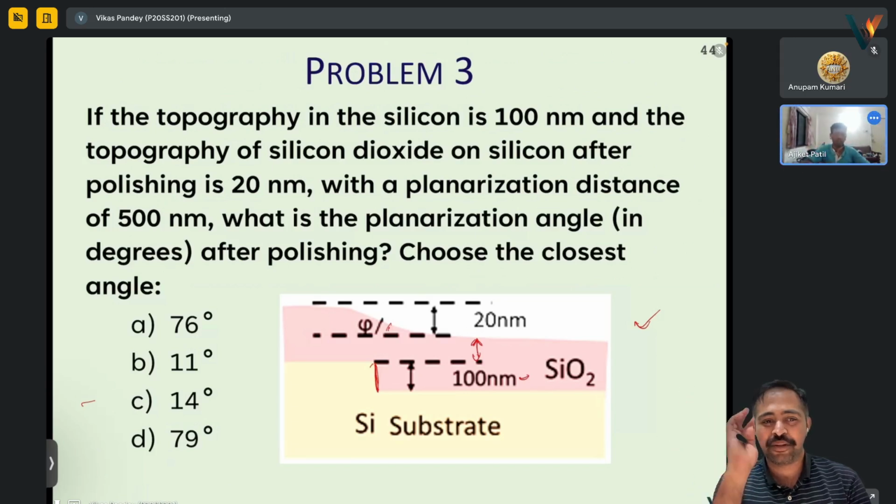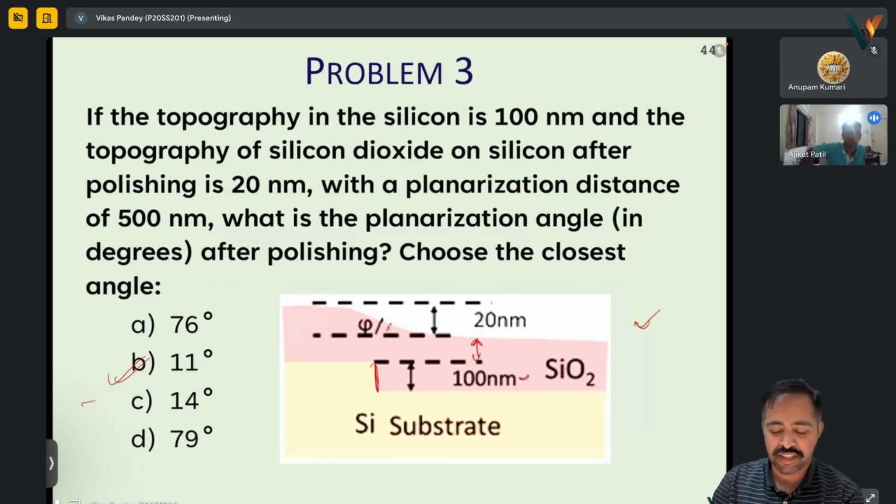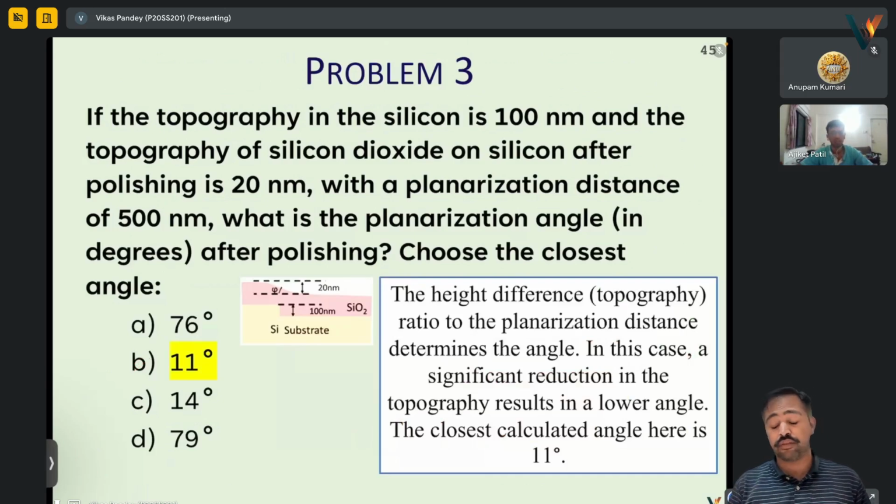The lowest value we can get is 11 degrees. 9 degrees is also given, but the value nearest to the calculation is 11 degrees. The lowest planarization angle gives the best output. The closest calculated value here is 11 degrees.